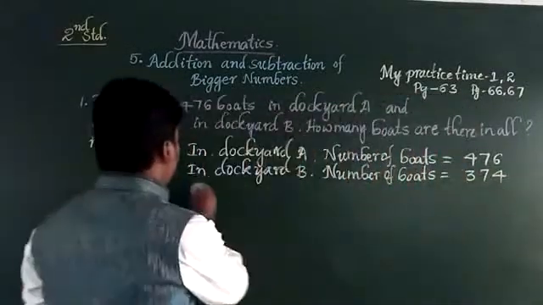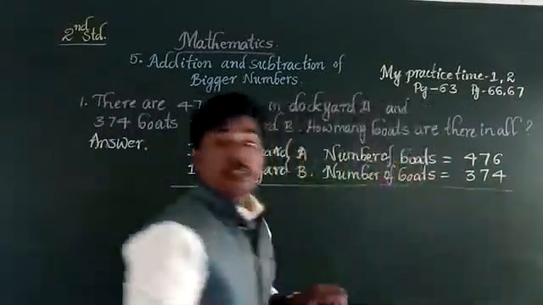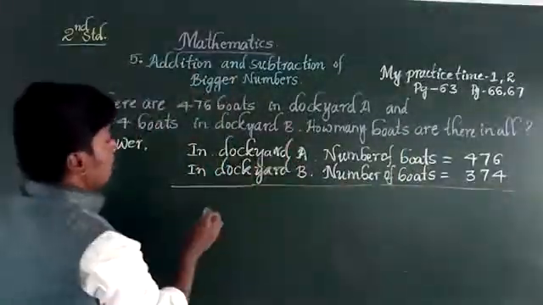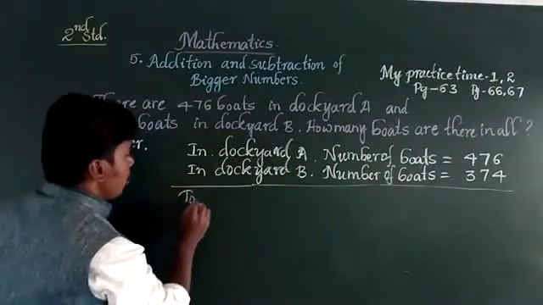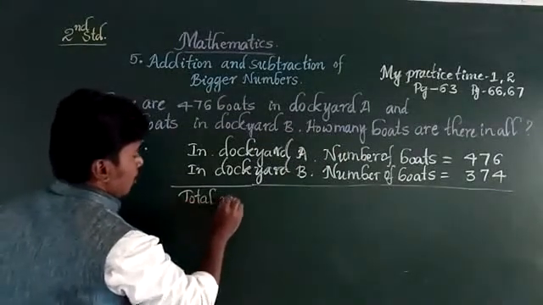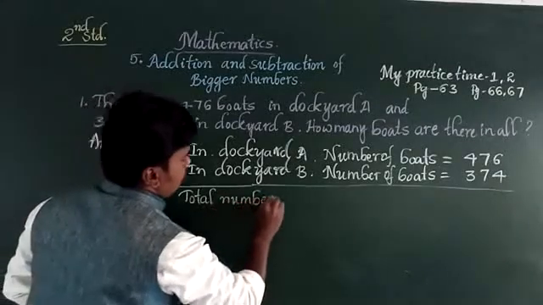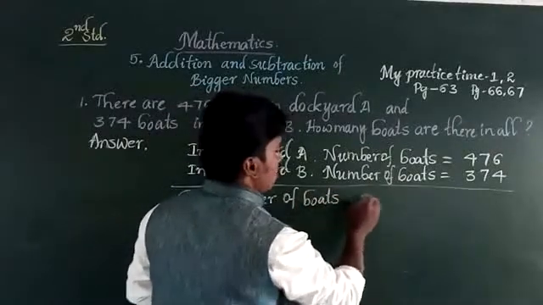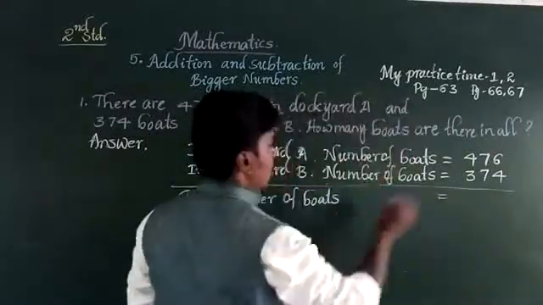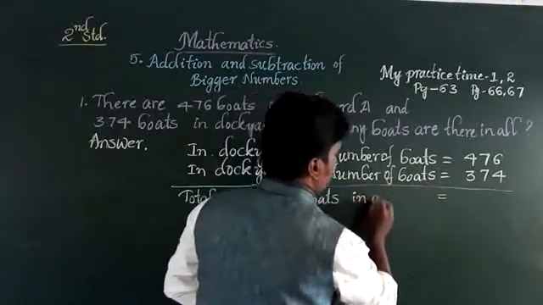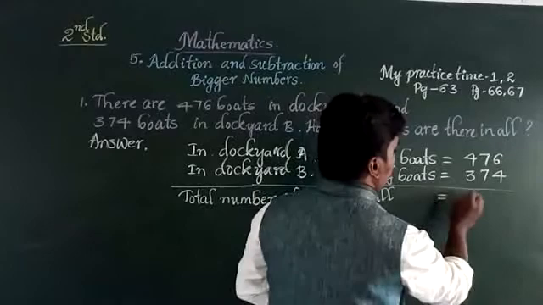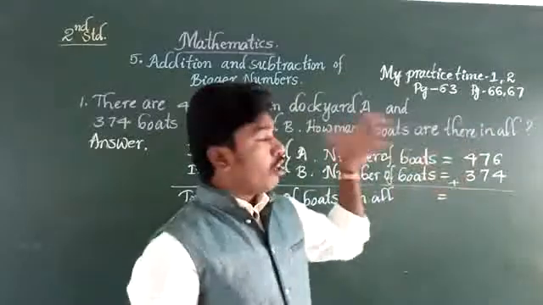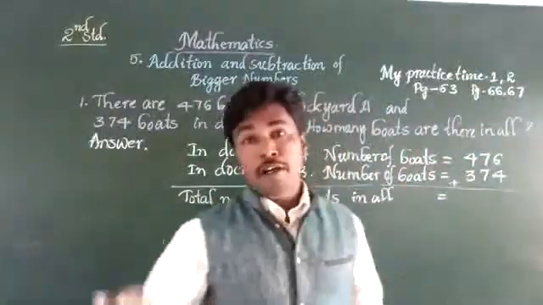So you draw a line, and now we are going to total. That means total number of boats, which is equal to, in all is equal to, what you are going to do? You do addition. Dear students, you can do it here also, or if you do not have space, you can draw a line and do the addition.